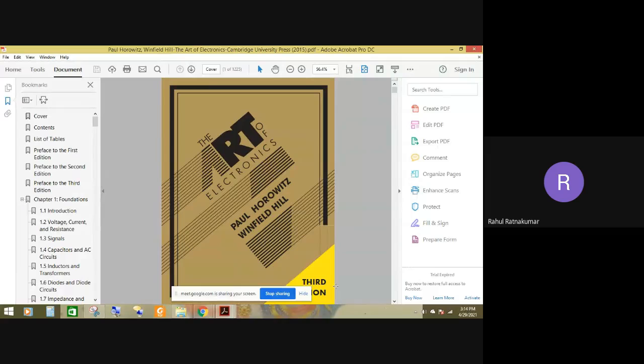Whatever we are working on, if you make it on your computer or a smartphone, it will be easier for you to understand, and you can think about what will happen if I make the circuit. Instead of making a lot of blunders on the circuit board and burning a lot of circuits, we can have something on our computer telling us what will happen if I do this, and what the voltages and currents will be.